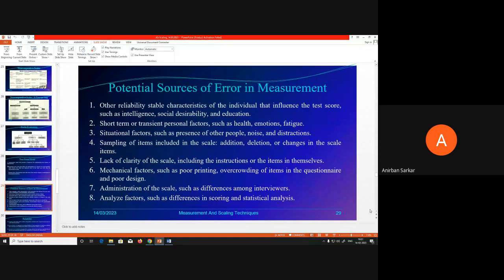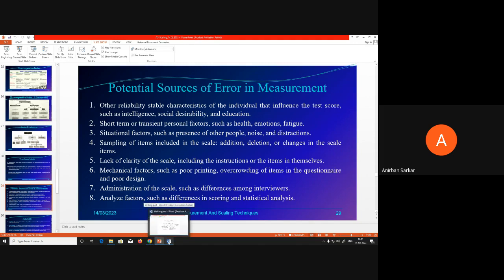So random error may be due to personal factors or situational factors, and it has a variation in the effect or the outcome of your research. But systematic error has a constant effect. So if you compare random error and systematic error, random error is more harmful.